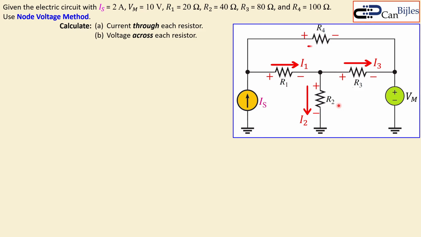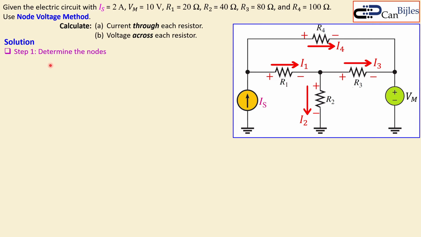And for R4 same business, so the I4 is going in that direction from left to right. This is again just a choice you can make at the beginning. You can also take another choice, but your end result will be exactly the same if you have another choice for your current orientation.